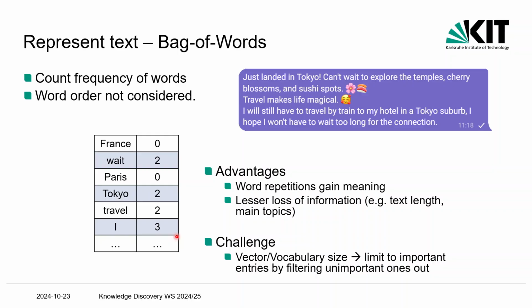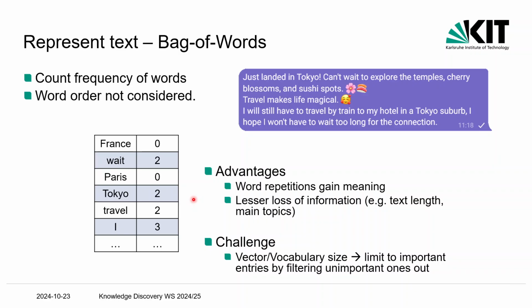Still, we've gotten a lot better compared to the one-hot encoding from before, where we just had whether or not a word is within a document. Just to be complete, the entries with 0 mean that, for example, France is not in our input document that we encoded.